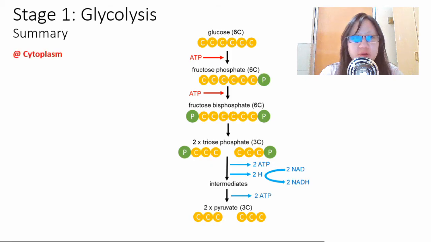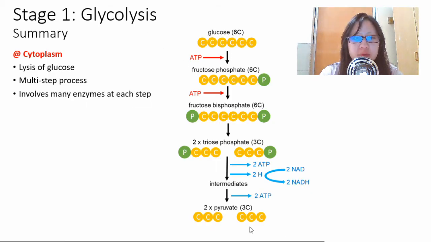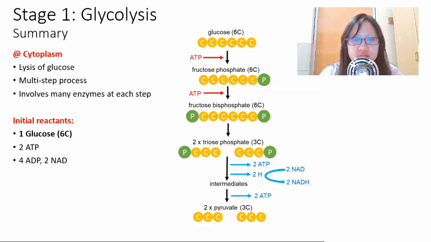So let's look at a summary of this again. So quick recap: glycolysis occurs in the cytoplasm. There is the lysis of glucose from a 6-carbon into a 3-carbon pyruvate. It involves many enzymes at each step, but you don't need to know the enzymes here. It is multi-step, which means there are actually more steps than these. The initial reactants are very important. Initial reactants are glucose and 2 ATP.